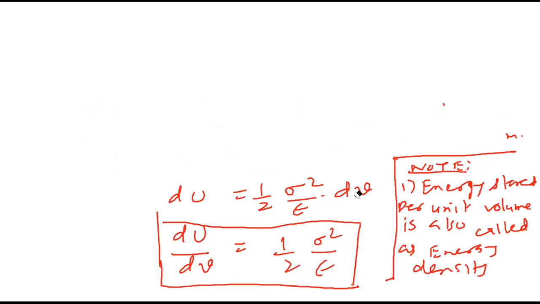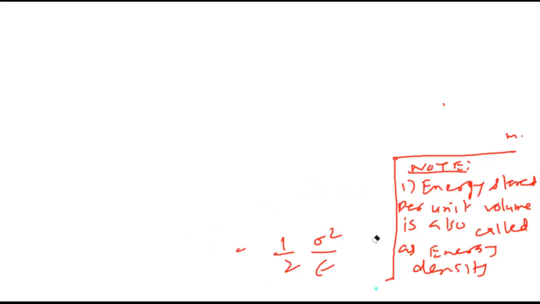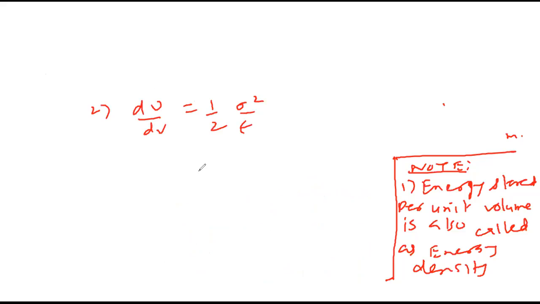Energy stored per unit volume is also called as energy density. du upon dv is half sigma square upon epsilon.